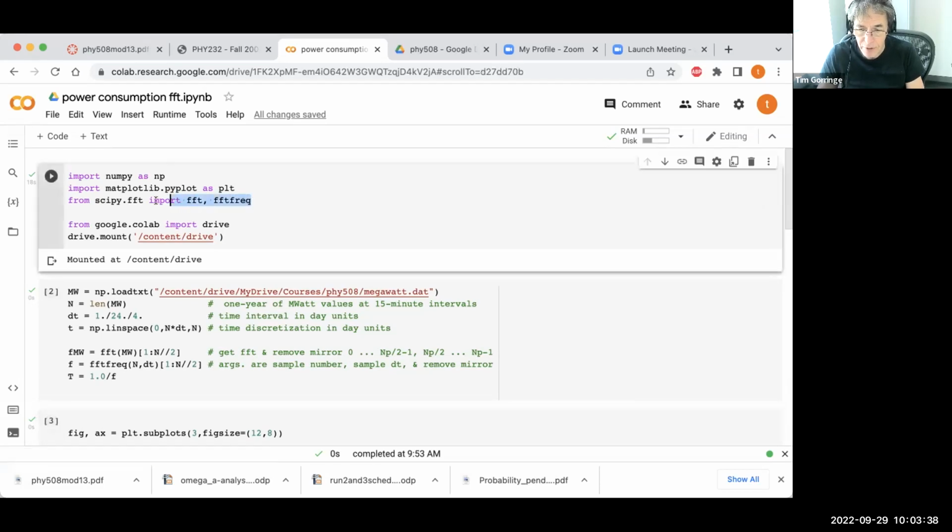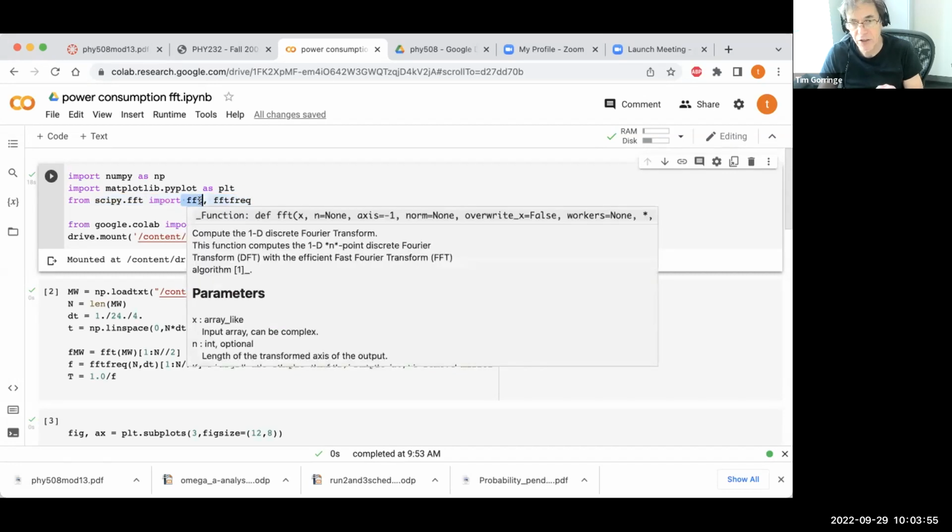I'm going to perform the Fourier transform with the SciPy Fourier transform package. Specifically, I'm going to use two functions, FFT, which computes the Fourier transform of one-dimensional discrete data.